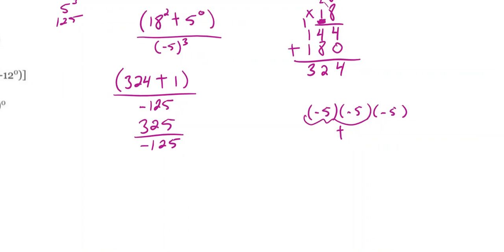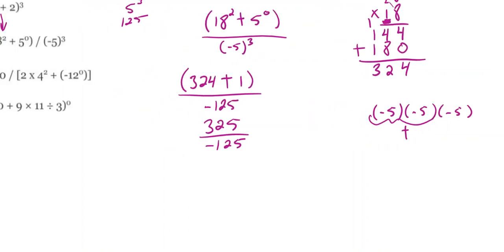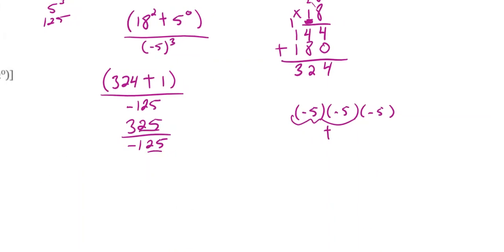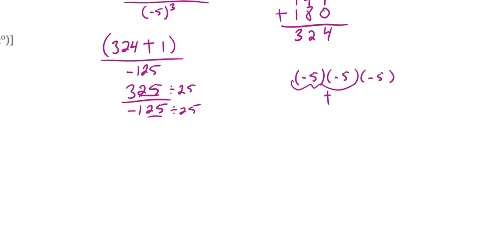Do you remember if we had a fraction like 4 over 6, how you would simplify that? You'd find something that goes into both. I can divide the top by 2 and the bottom by 2. You can divide the top by 5 and the bottom by 5, but I can actually see something bigger. What about 25? I can divide the top and the bottom by 25.